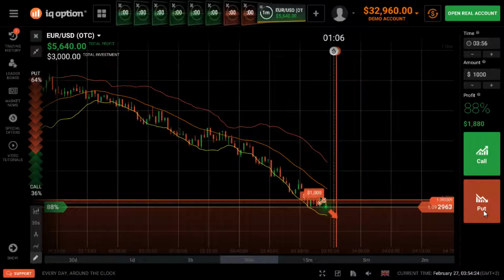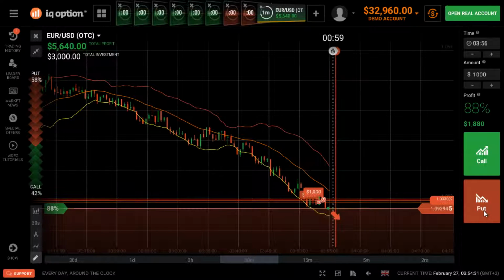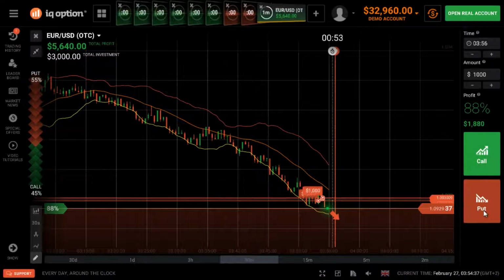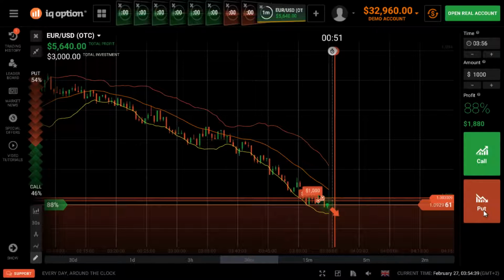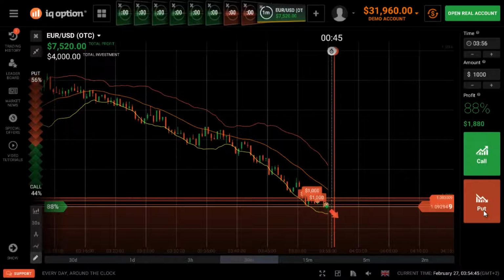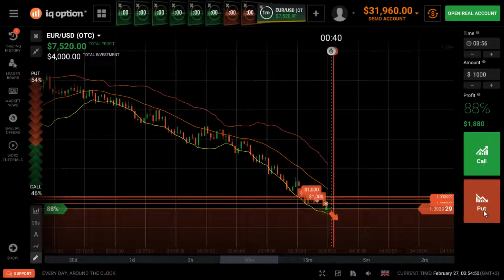This one I chose quite a long expiry time frame. I think it's over 2 minutes. You kind of have to adjust the expiry time frame also depending on the speed of the candle.